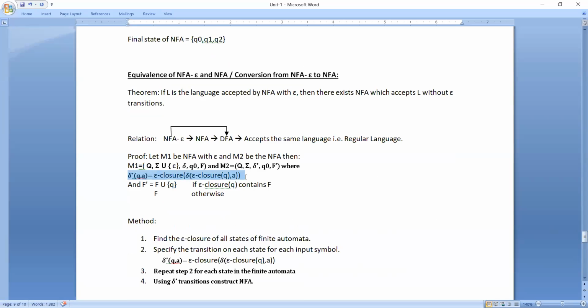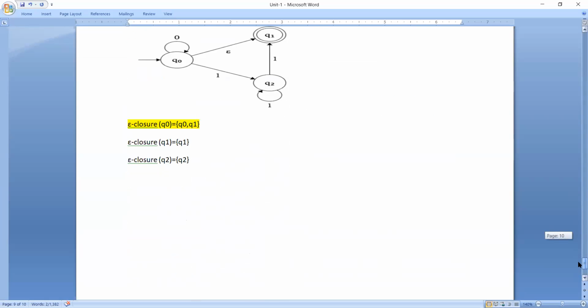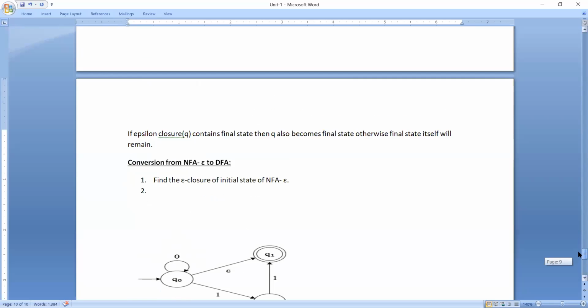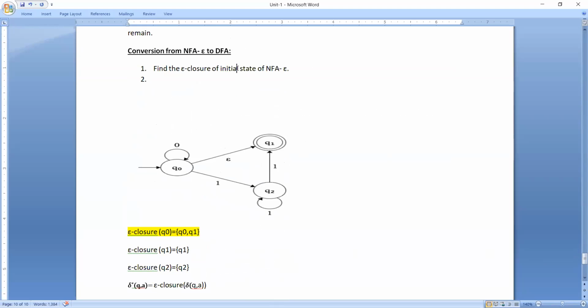Just check, delta dash of Q comma A will be epsilon closure of, not epsilon closure, but it will be Q comma A. Sorry for the mistake, I need to find not the initial state, but the epsilon closure of all the states of NFA.